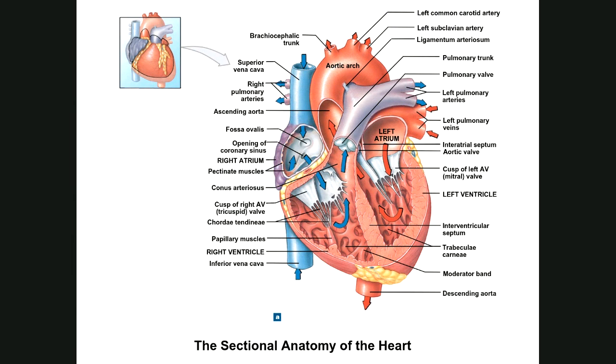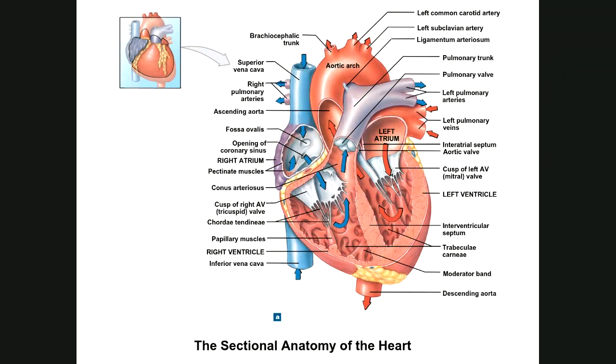And we have also the fossa ovalis. It's actually like a hole. So all this blood that is not rich in oxygen enters the right atrium.